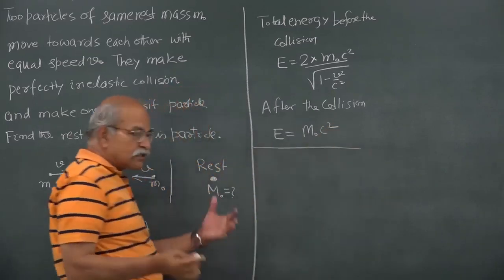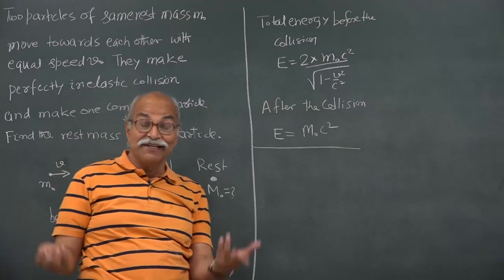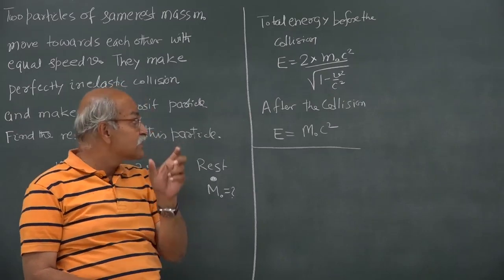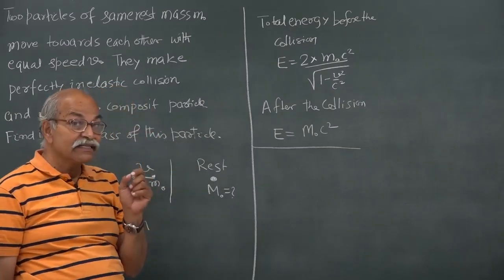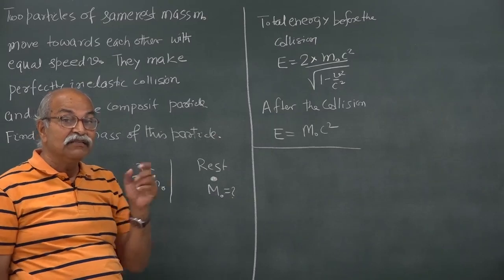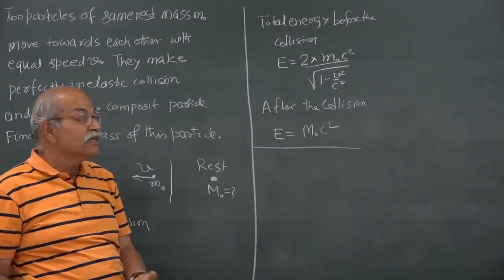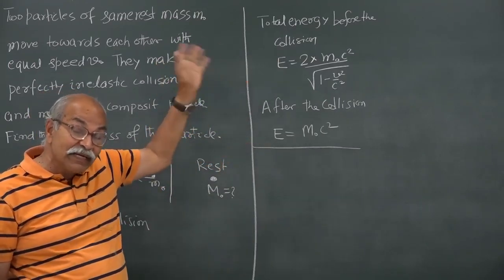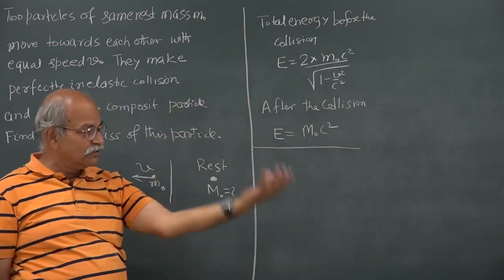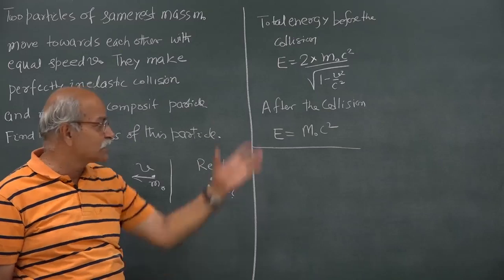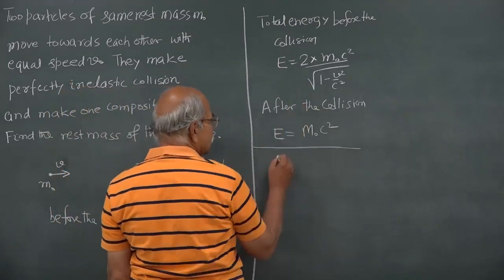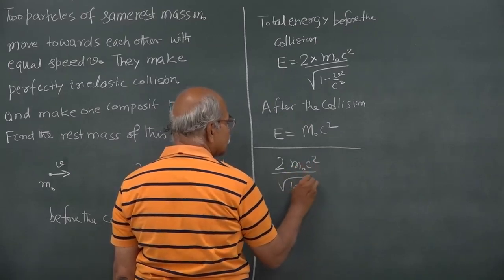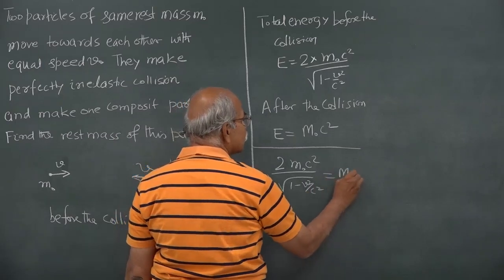And since total energy remains conserved, even in an inelastic collision... In non-relativistic mechanics, when we say perfectly inelastic, we mean that kinetic energy is lost. Here kinetic energy is lost, but then this rest mass energy should appear. So, total energy should be conserved: 2 times m naught c square by square root of 1 minus v square by c square equals capital M naught c square.